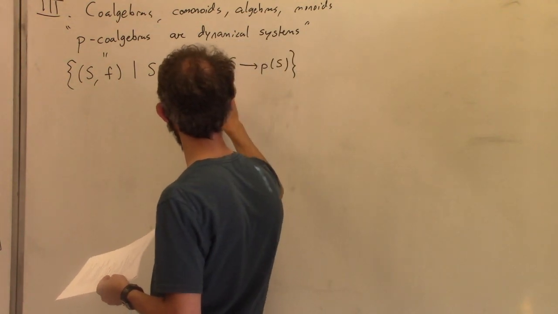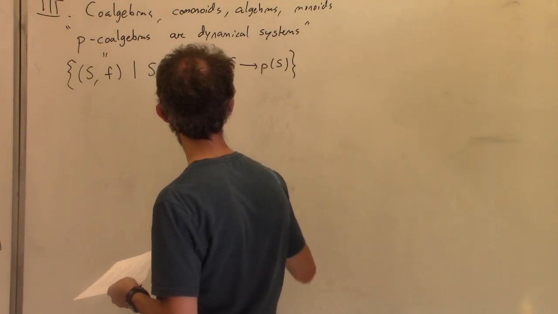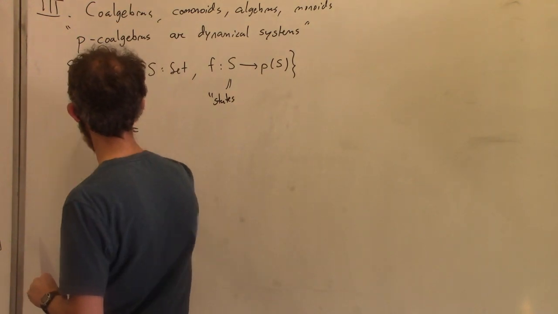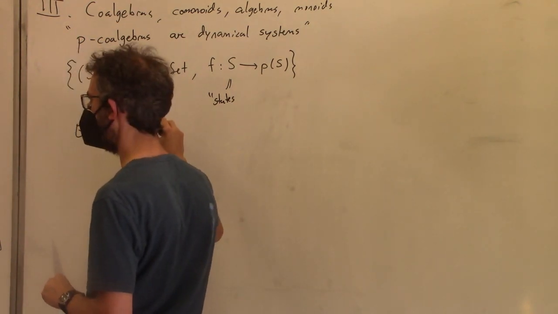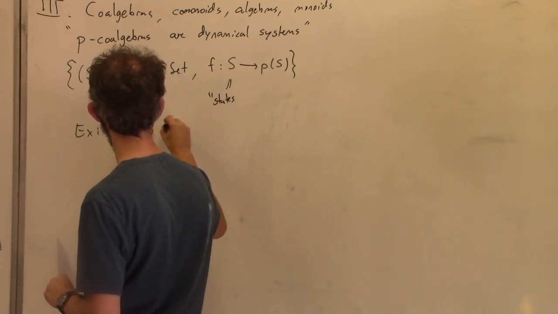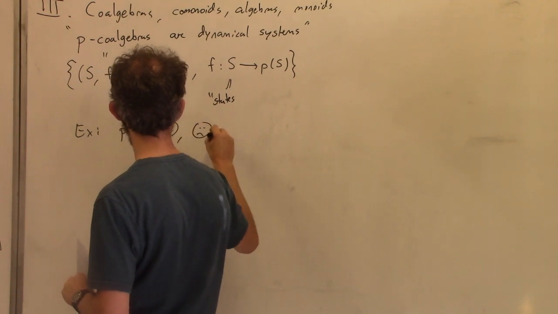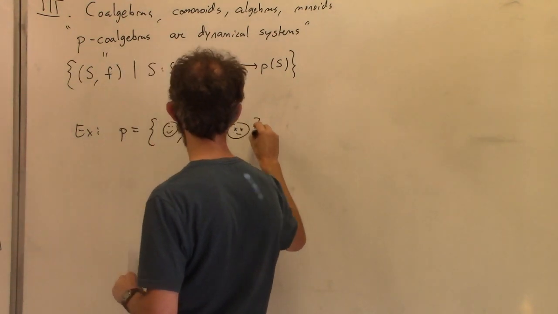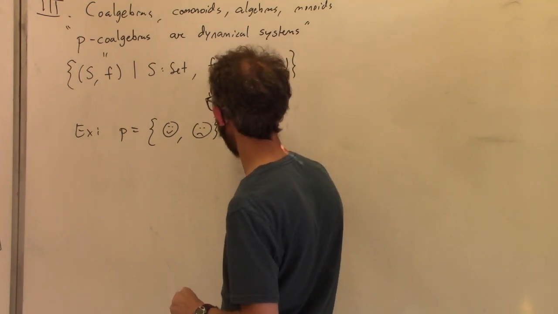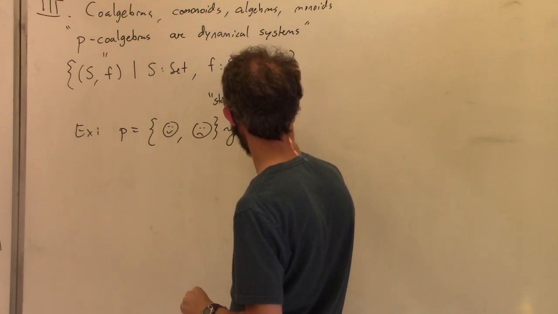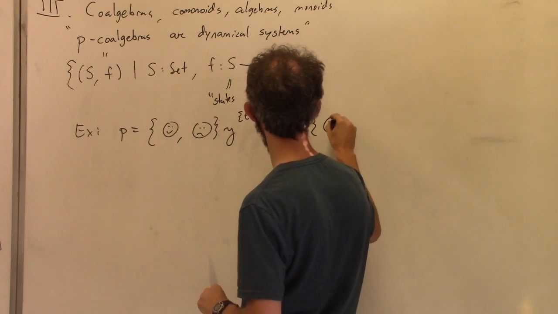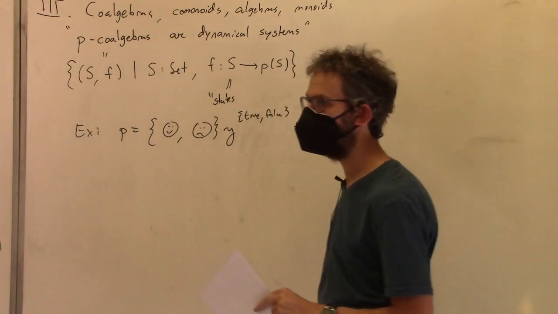Think of S as states. And then for every state, so let's say, for example, P is happy, sad, y to the true, false, plus dead, y to the 0.